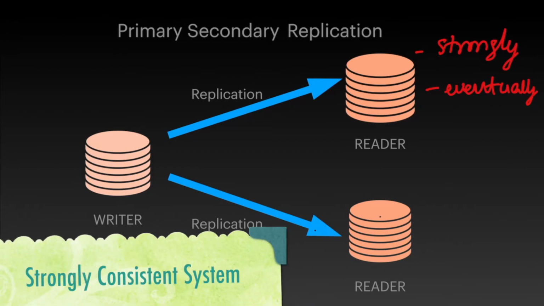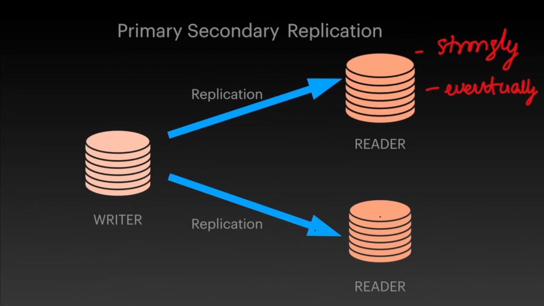Suppose we try to write a value a is equal to 0 on our writer. If we want a strongly consistent system, when the client writes to the writer, the writer will update the value a is equal to 0 on itself and will hold the client.